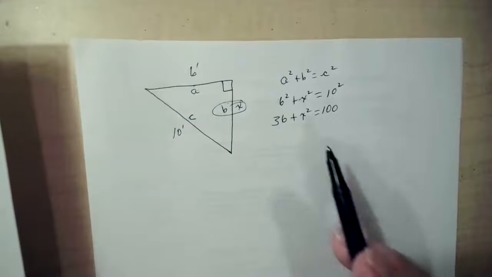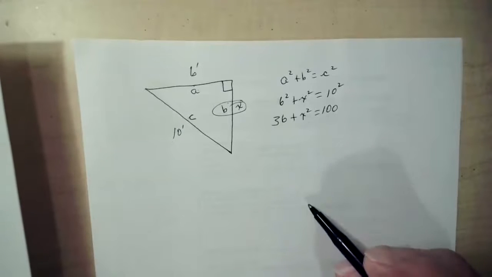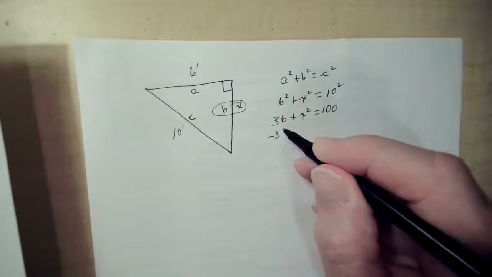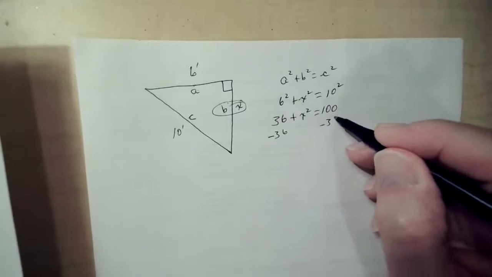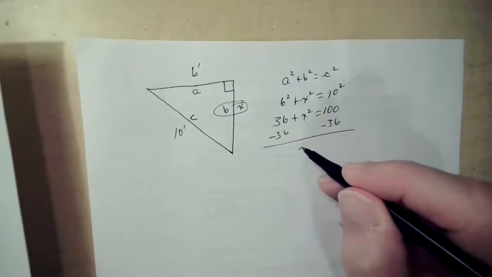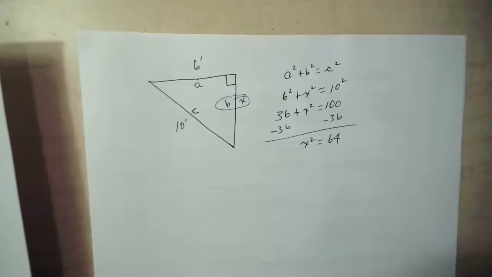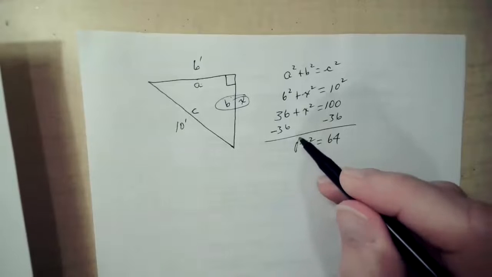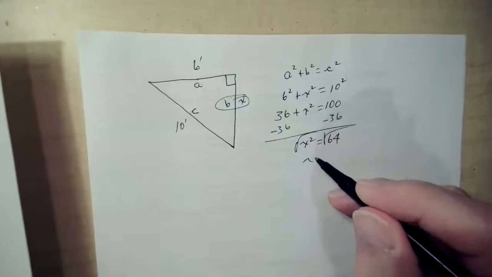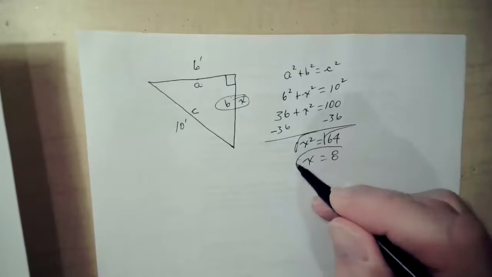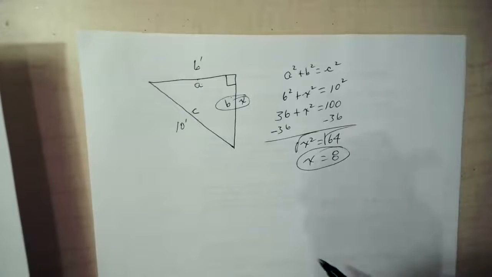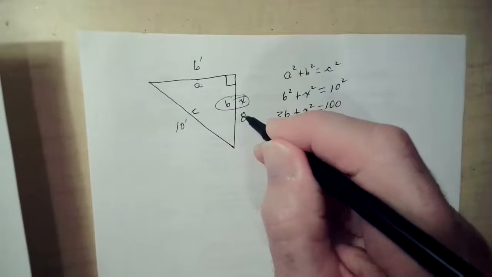This is about as difficult as these problems get, and it's really not all that hard. Very simple algebra problem. Subtract 36 from each side. And we take the square root, so x is 8.